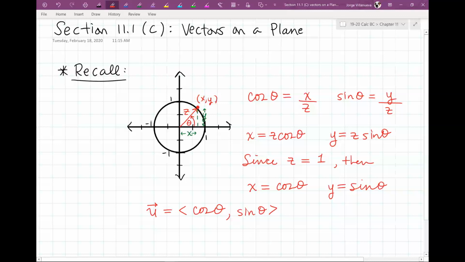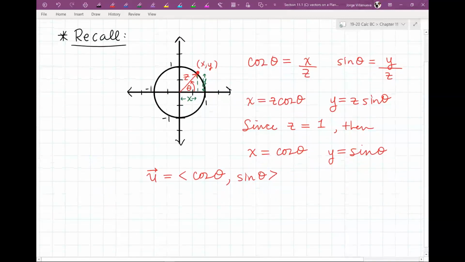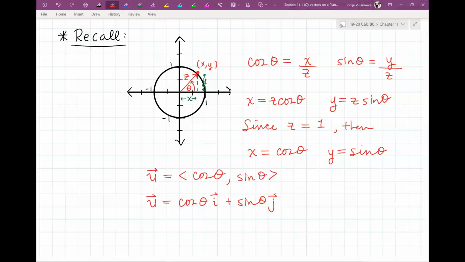All right, so that's our u vector. Now, according to linear combinations, I can rewrite vector u as cosine of theta i plus sine of theta j. Now this would result in a unit vector. I'm going to put right here, this is a unit vector, and I know it's a unit vector because we used the fact that z equals 1, right? So we know that the magnitude of it would be 1.